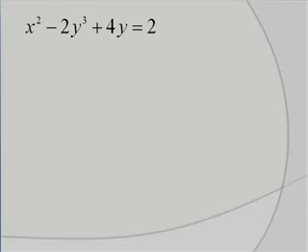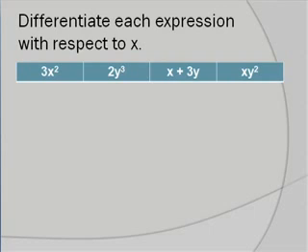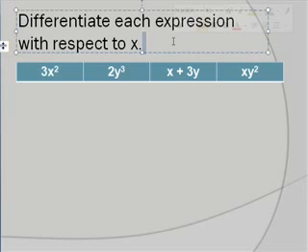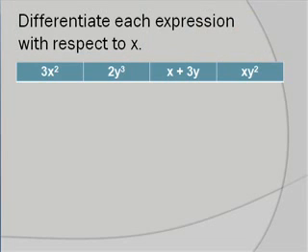So let's take a look at some simple examples here. So we want to differentiate each expression with respect to x. Now, let's just take a simple function. Let's go back to this. y is equal to 2x plus 3.